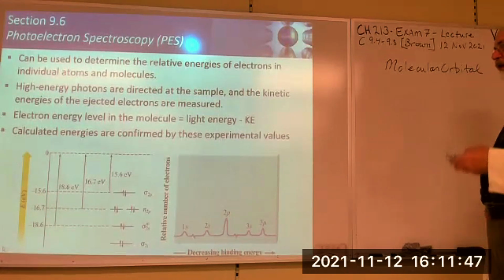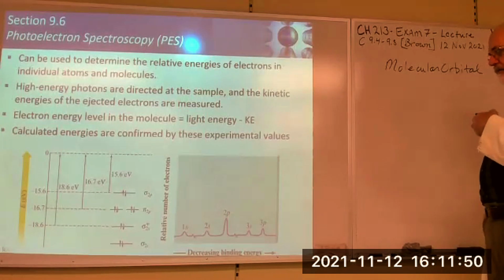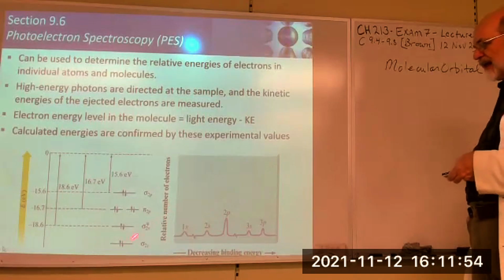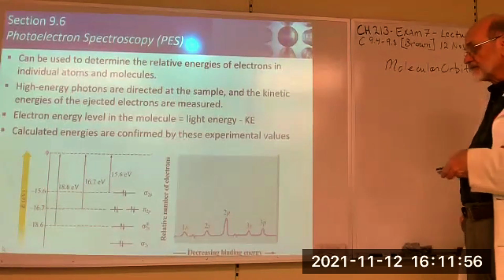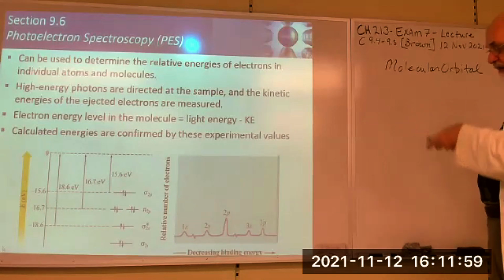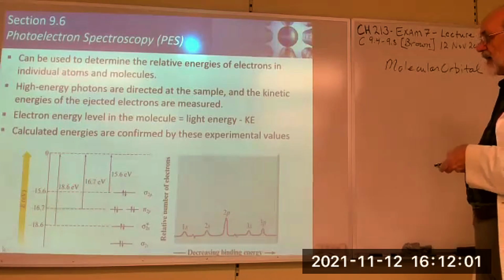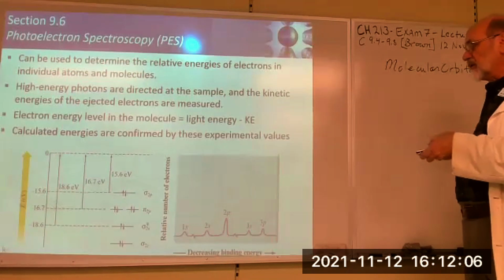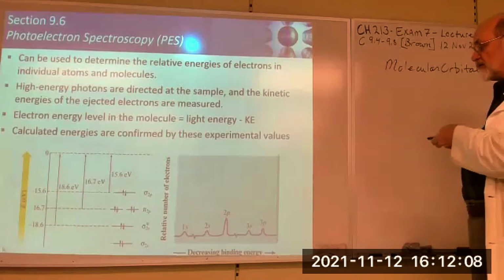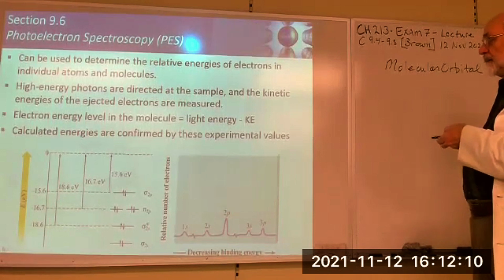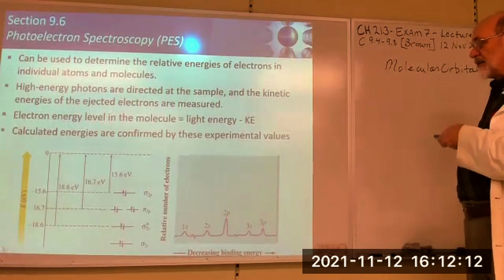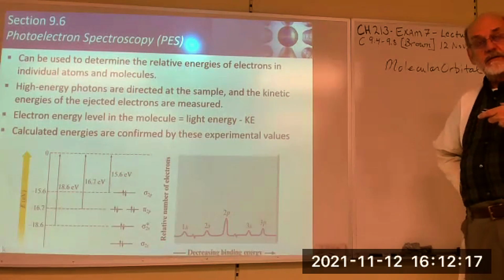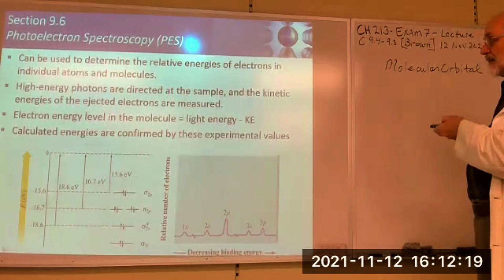And it's a way of confirming what we predict about the energies of molecular orbital electrons. And if we match them up like this diagram does, we find that these high energy photons, which are usually X-rays that we fire at the molecules, eject electrons from the molecules.